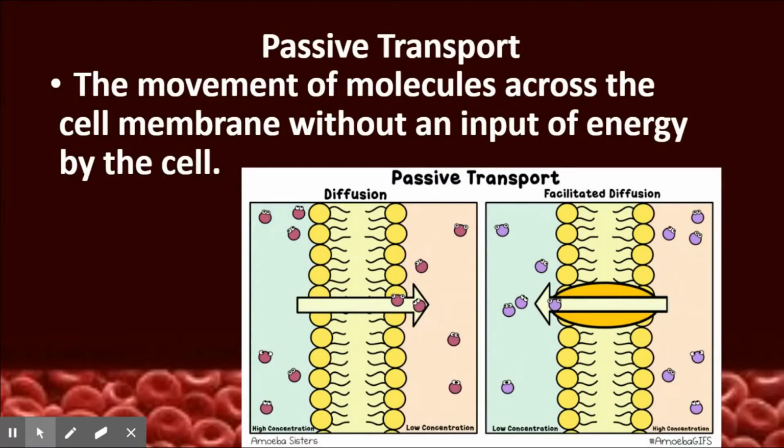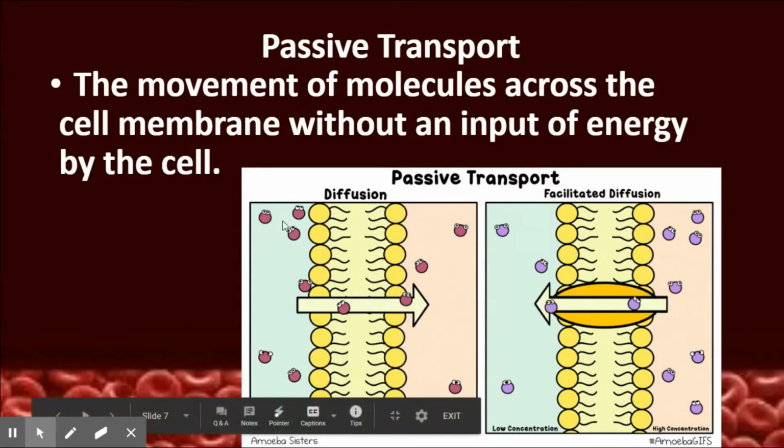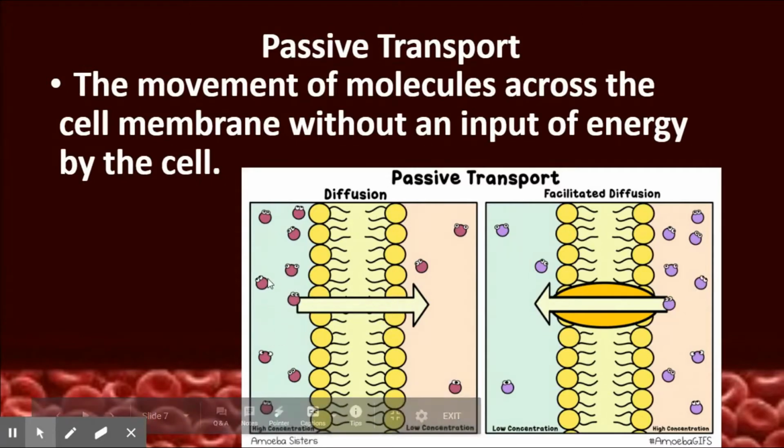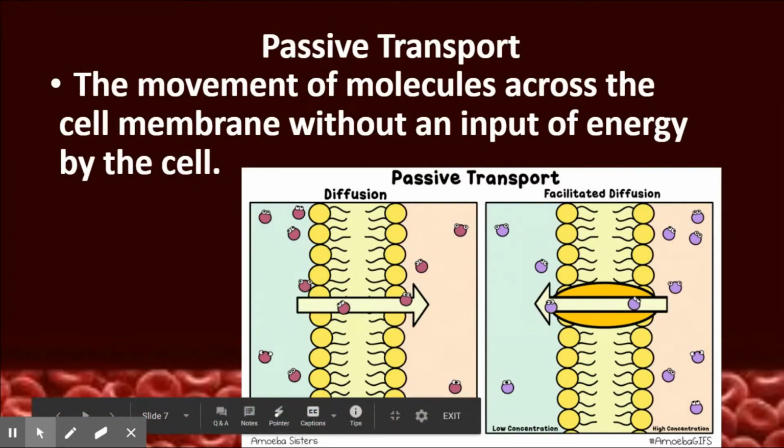So passive transport is the transport of nutrients or molecules across our membrane where we do not need energy to make that happen. It can just happen nice and naturally, and the cell doesn't have to do anything to make this happen. So if we look at this picture here, we've got a lot of these little molecules on one side, and they're going to the other side, going from an area of high concentration to low concentration.